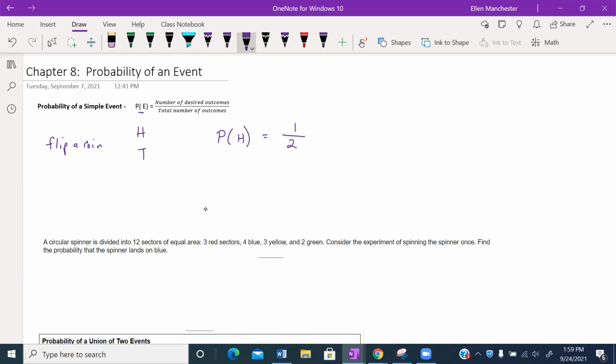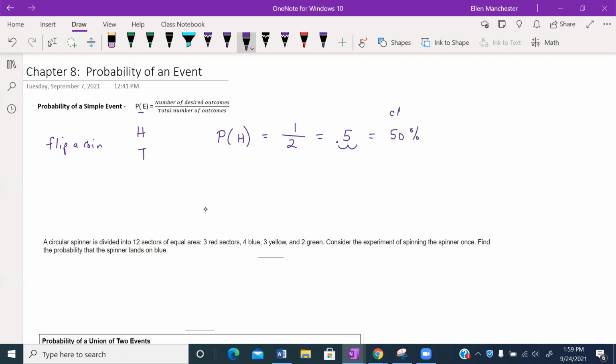In this case, I wanted just the probability of getting heads. So heads, I have 1 out of 2. Remember, this line in fractions is a division line. So 1 divided by 2 can be written as a decimal, 0.5. All right. That is right in between 0 and 1. And then to change it to a percentage, you just move your decimal point over twice, and I get 50%.